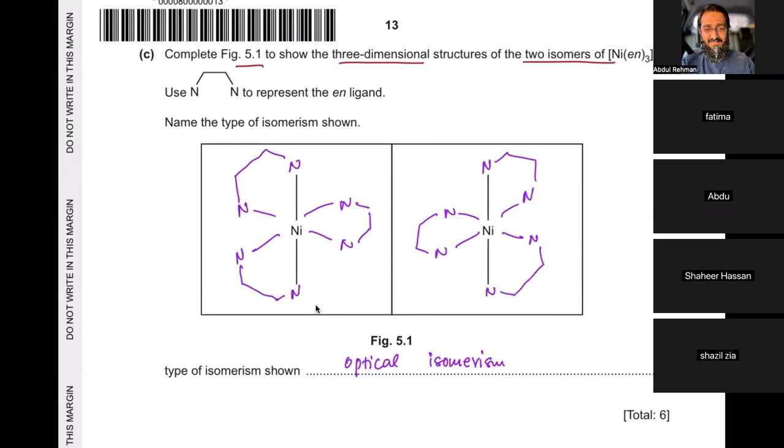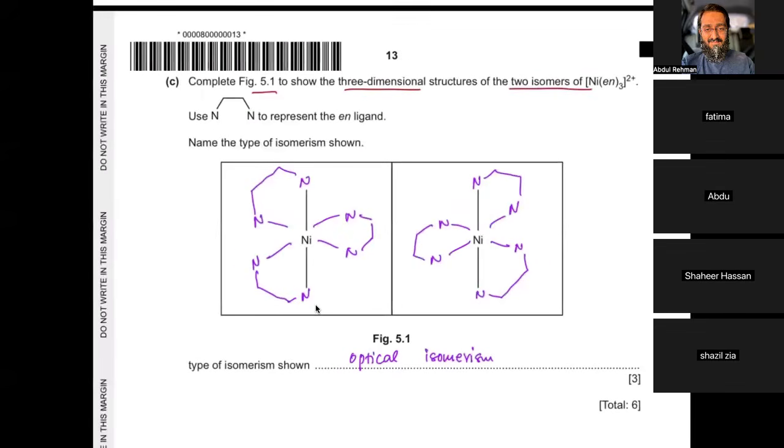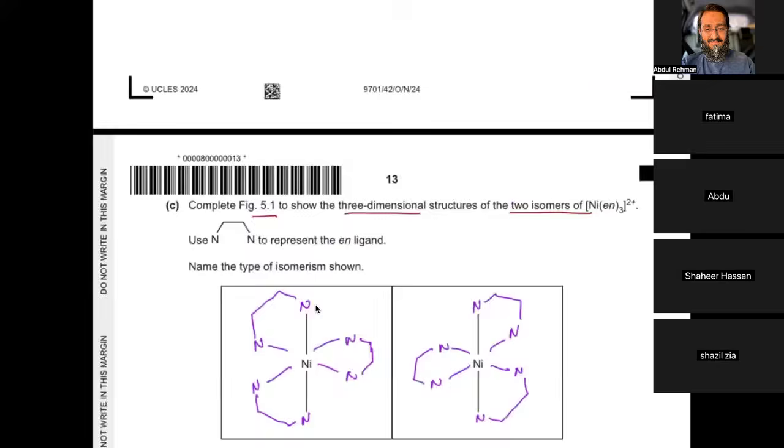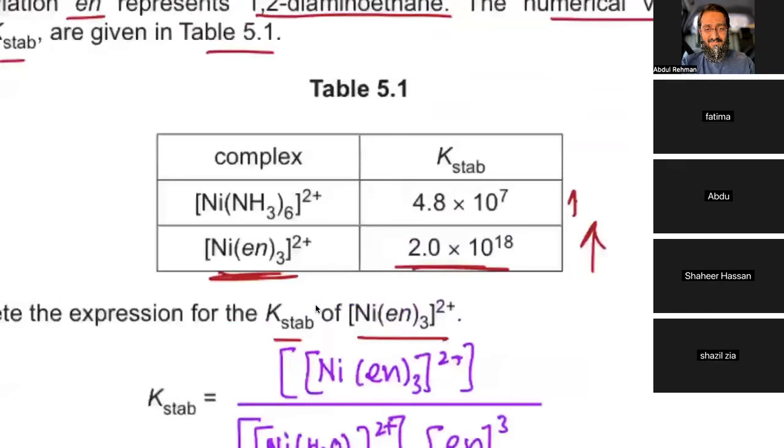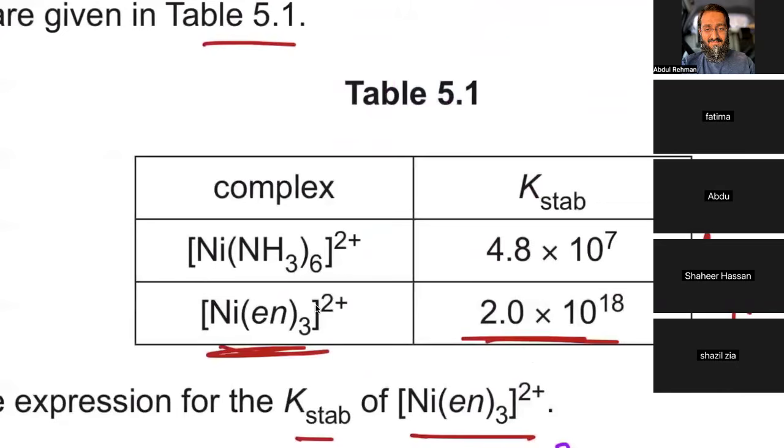So that's how you can make the two mirror images. Fatma, see over here, it is provided that the nickel en complex has a greater value, exponent 18, right?